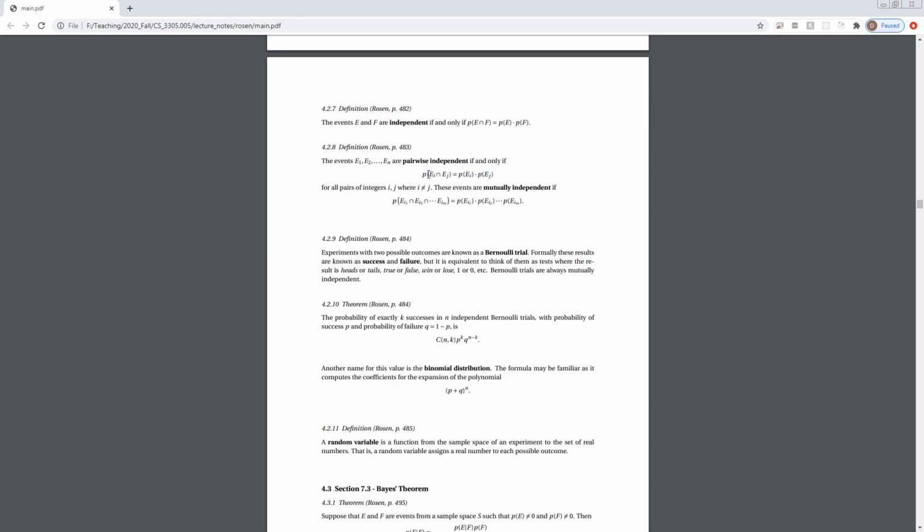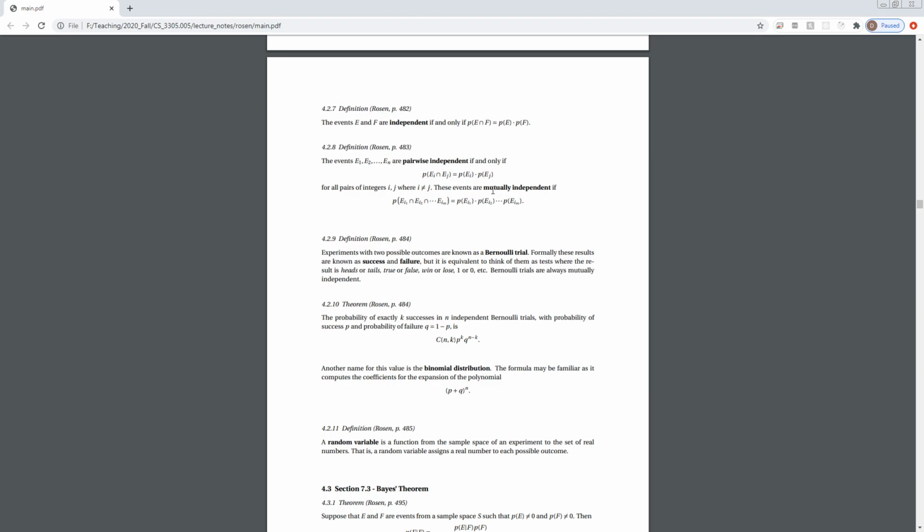So that's why i and j can't equal each other. These have to be distinct trials, and again, pairwise independent just means it's independent, but it applies to any pair of samples from within your sample space.